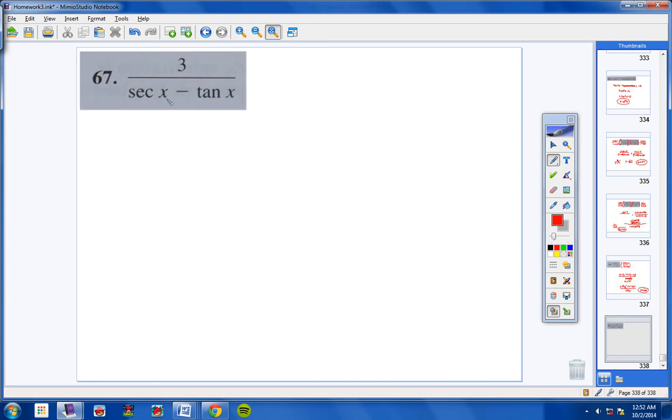All right, last problem. Now, again, for me, students, I'm probably going to use the conjugate. I'm going to multiply the top and the bottom by secant x plus tangent x over secant x plus tangent x. So if I do that correctly, I'm going to get 3 secant x plus 3 tangent x.